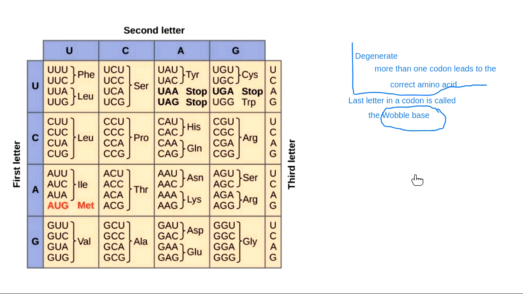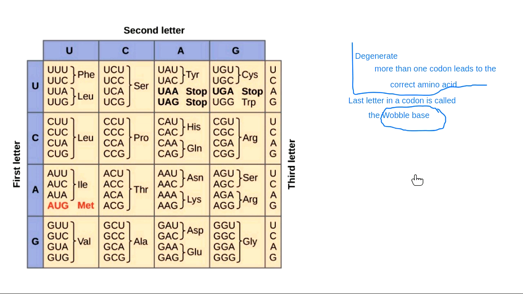So I think I'm processing what you're saying. It was a homework question, and I got it right because I just chose out of all four the line that had, generally speaking, if any letter besides the wobble base is changed, that would mean that we are not going to get the same amino acid.